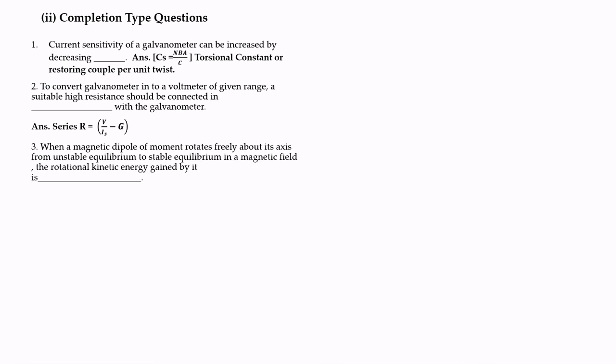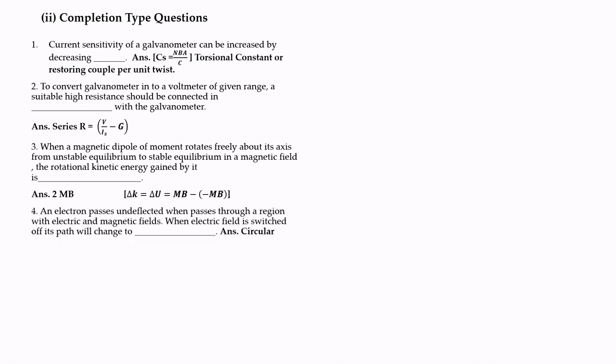When a magnetic dipole of moment M rotates freely about its axis from unstable equilibrium to stable equilibrium in a magnetic field, the rotational kinetic energy gained by it is 2MB. We have to calculate delta K is equal to delta U equals MB minus of minus MB.